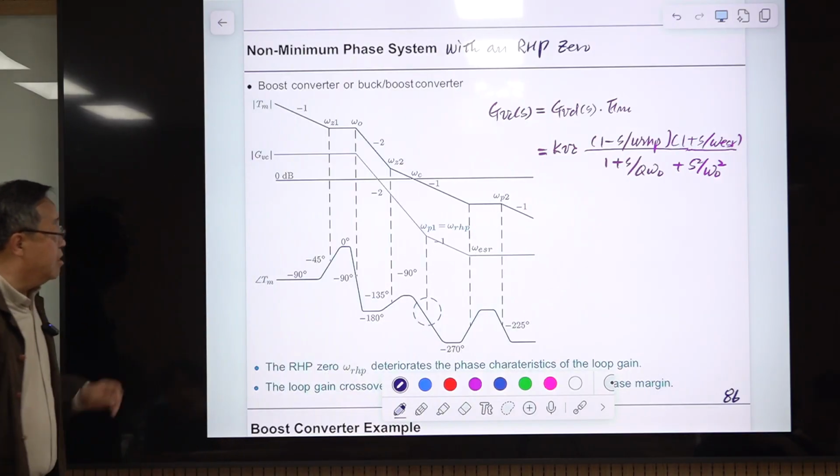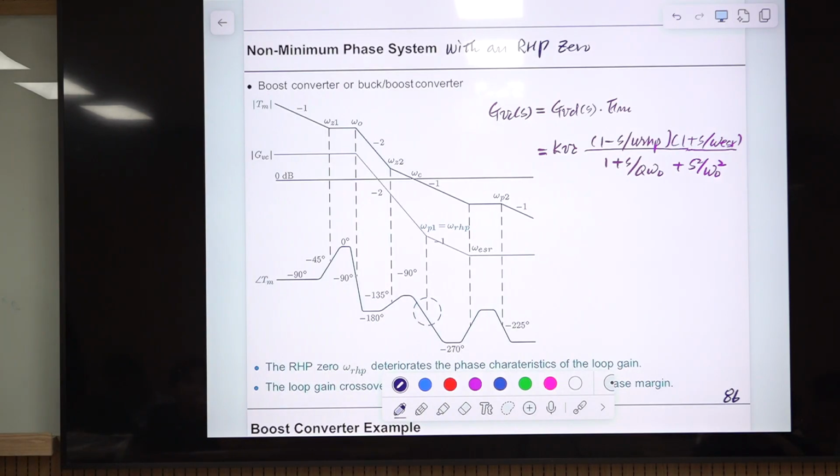Before this, let's think about the buck converter case. This is the buck converter case, maybe this is omega ESR.